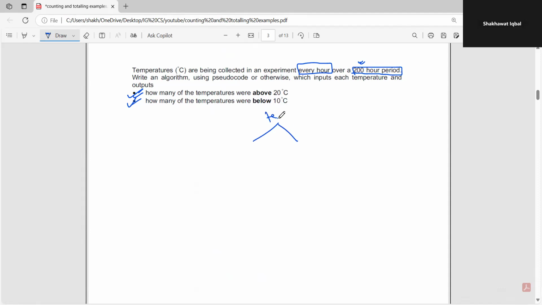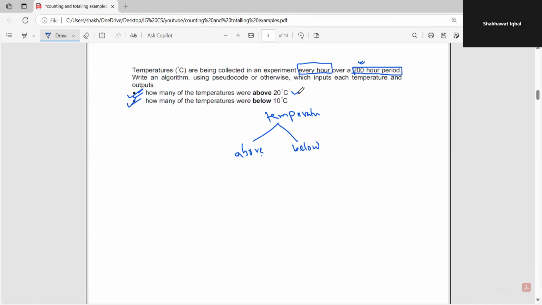So here, how many variables do we need? We need 2 variables. The temperature is divided into 2 parts as per the question, so we have to read the question properly to initialize our variables. Sometimes it is above, when it is greater than 20, sometimes below, when it is less than 20.